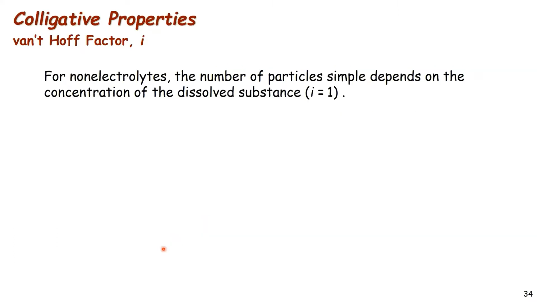Okay? So for non-electrolytes, for example, sugar, throw it in water, it does dissolve, it's soluble, and the solid falls apart into the individual sugar molecules, but the sugar molecules themselves stay intact. And so the van 't Hoff factor for sugar would be 1. Okay?